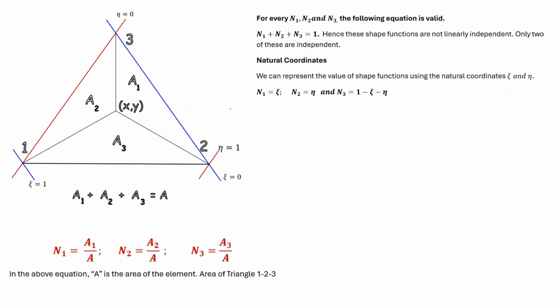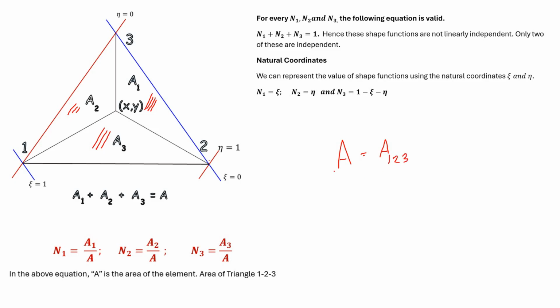Now look at this triangular element. You can see that this is point 3 and opposite to point 3 this area is A3, opposite to point 1 you have another area A1, and opposite to point 2 you have the area A2. Then what is the area A? A is the area of the triangle 1, 2, 3.